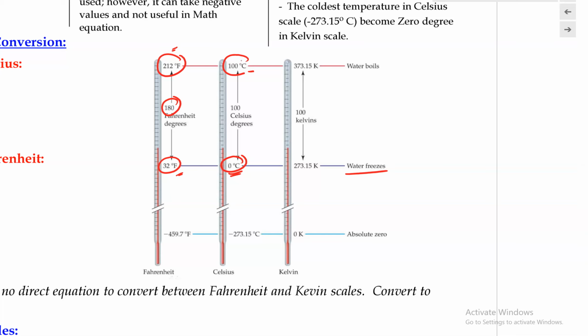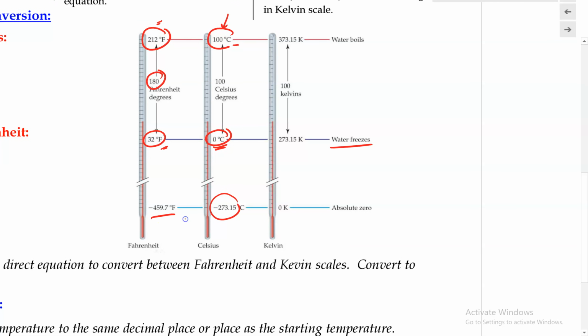And in fact, in science, we do use the Celsius scale quite often. But the only reason why this is not the SI, not the standard unit of temperature, is because of the negative value. Both in the Celsius scale and the Fahrenheit scale, we will be running into negative temperature.